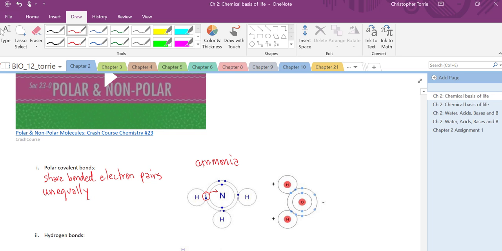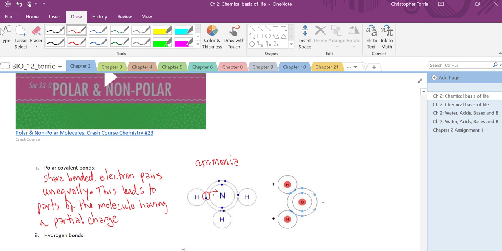Due to this unequal sharing of the electron pairs, parts of the molecule, remember, the molecule is many atoms joined together, have a partial charge. It's not like the ionic compound, sodium chloride, where they have a definite +1 or a definite -1. Here they just end up with a slight charge.